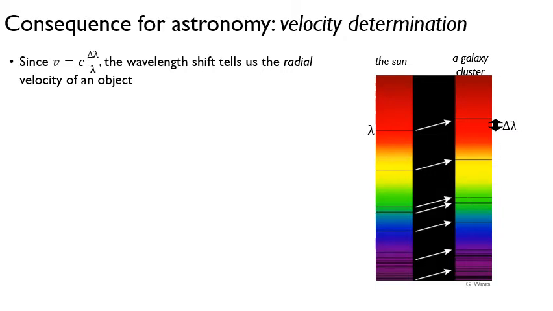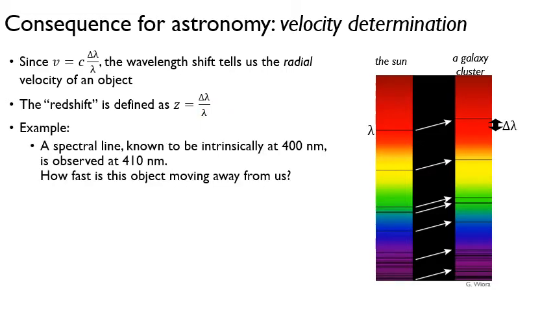You could pick any one of these lines and see how much that wavelength has changed, which gives you this change in wavelength, delta lambda. And we can use that to determine the velocity. So the redshift itself refers to the ratio between the change in the wavelength and the original wavelength of the spectral line if the object were not moving relative to us.